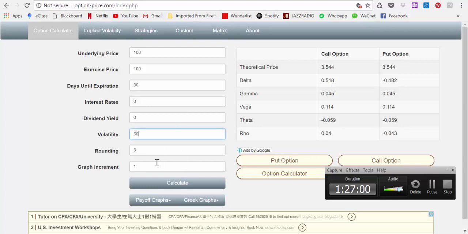I'll go back to volatility 30, and the price goes back to 343. One interesting thing, I'll tell you two things. Number one, the Vega of this option is 0.114.